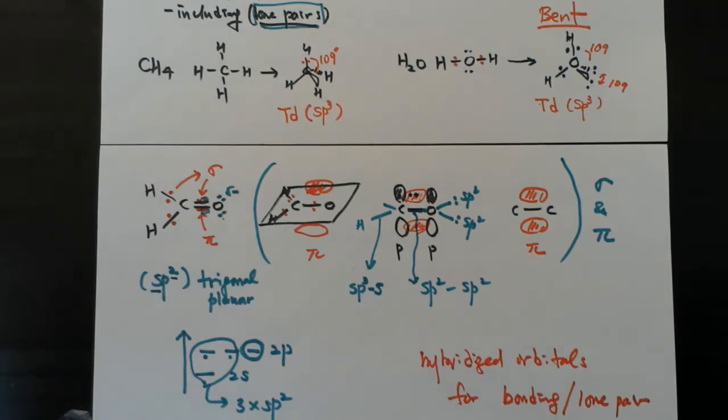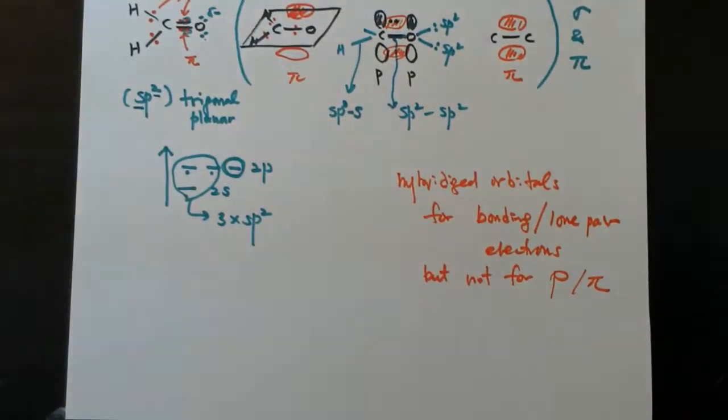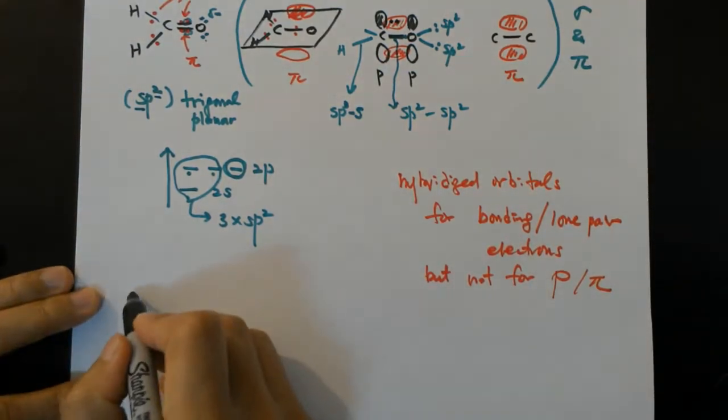They're not p orbitals, which are eventually pi orbitals. Then, okay, how about this type of a bond?